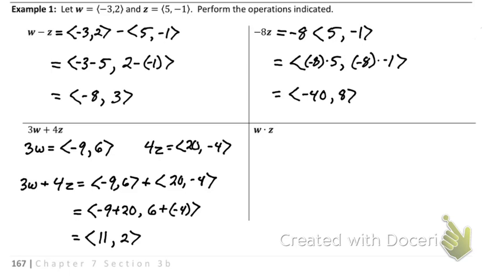So when I'm doing w times z like this, this is going to result in my horizontal components being multiplied. So that's going to be negative 3 times 5 plus my vertical elements, which are that 2 and negative 1.